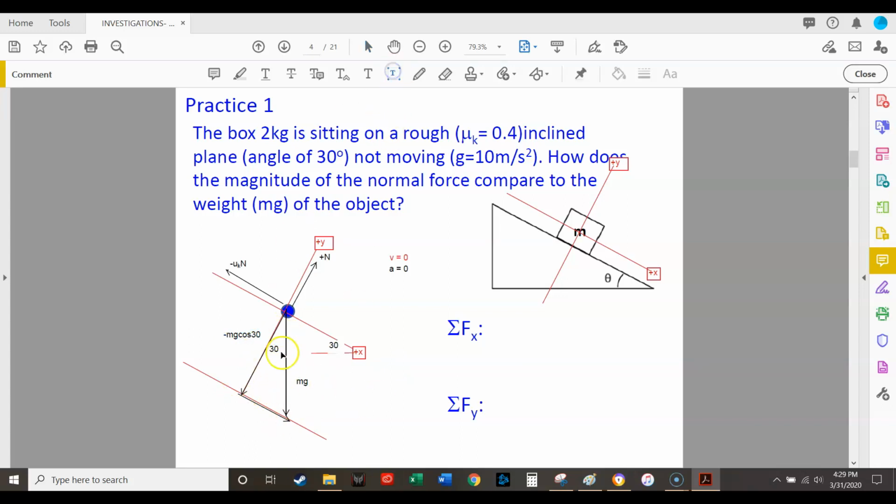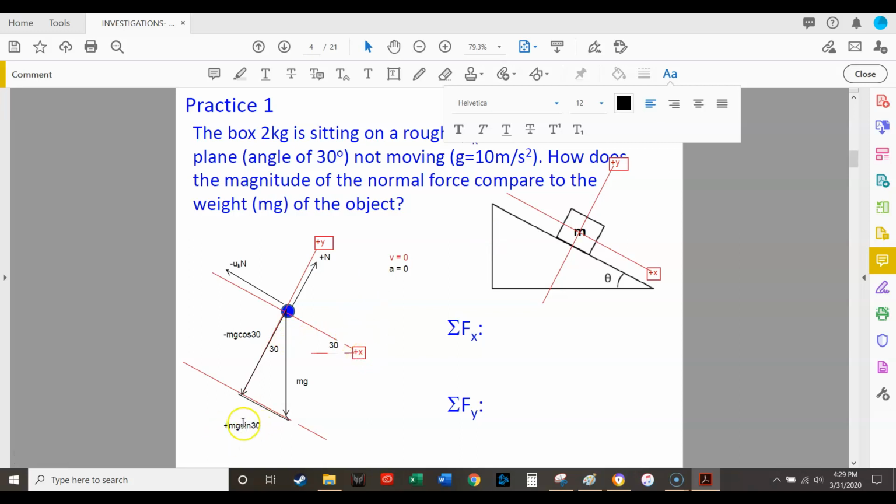Now let's go ahead and do the opposite side. The horizontal direction, which is along the x direction of the coordinate system, is opposite the angle 30 degrees. And even though it's pointing down the ramp, it's pointing in the positive x direction.